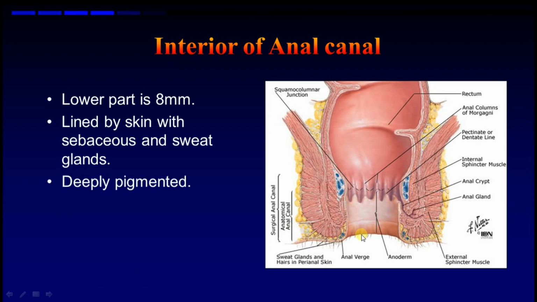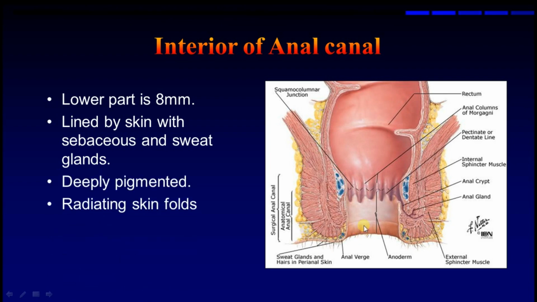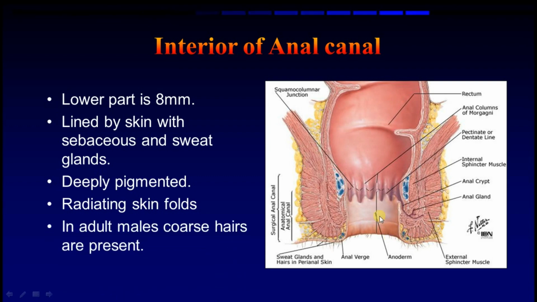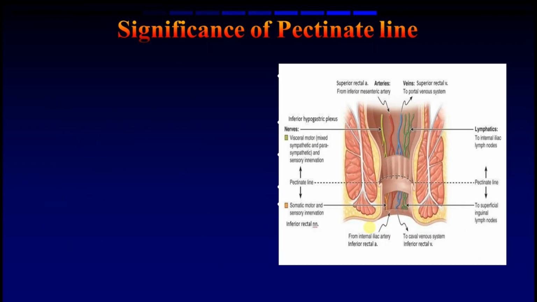As I told you, it is darkly pigmented, and skin folds radiate in all directions. Because of the fibroelastic septa, they form a corrugated appearance, called corrugator cutis ani. This last 8 mm, or 0.8 centimeter, is the lowermost part of the anal canal, developed from the proctodeum.